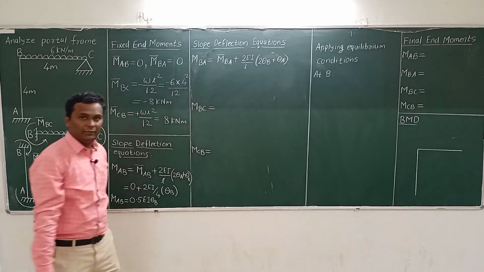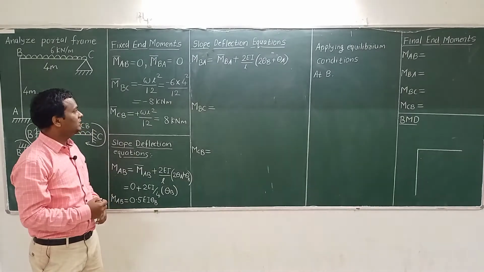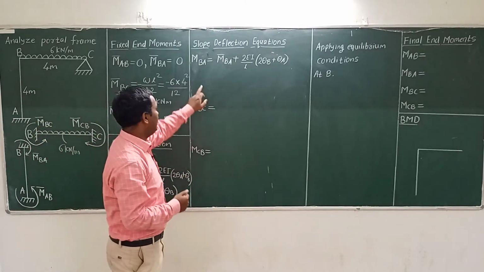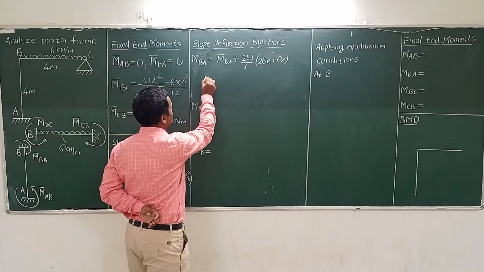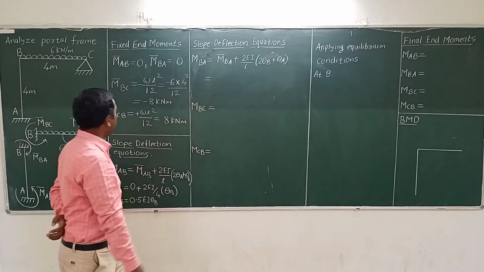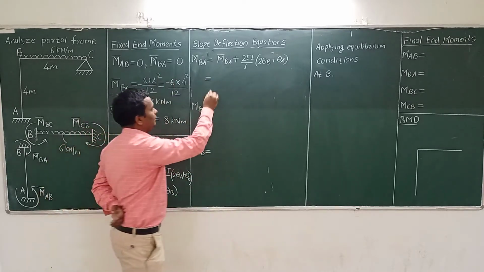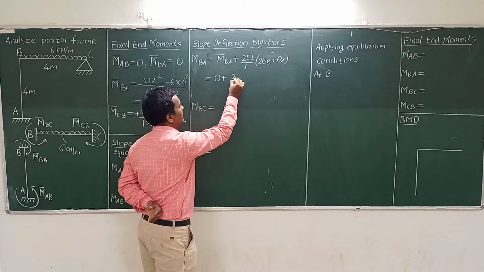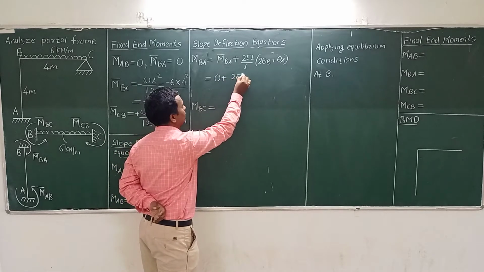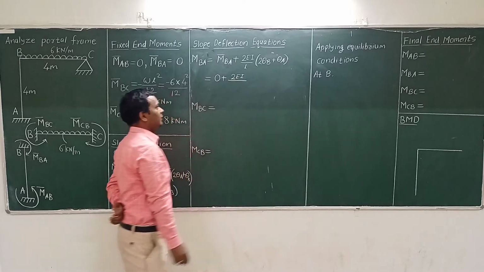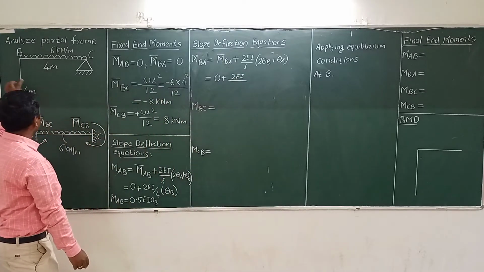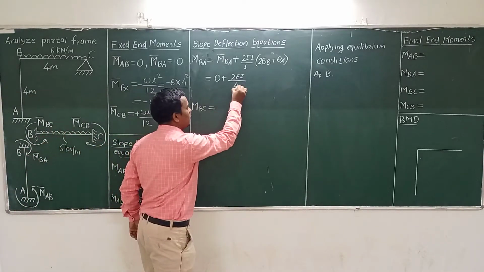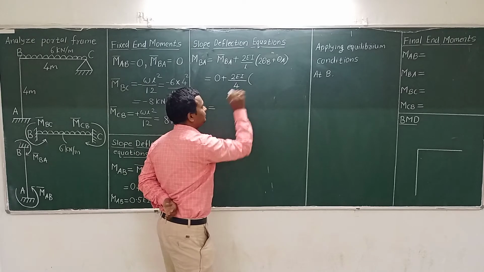So this is one simple equation for the slope deflection of span BA, for the end moment at B, that is MBA. So let us solve this equation. M bar BA we already know is 0, so 0 as it is, plus twice EI divided by the length of BA or AB, it is the same, that is 4, inside the bracket.